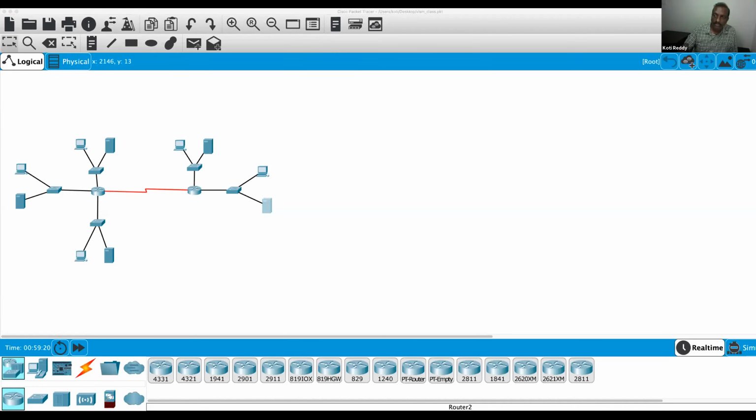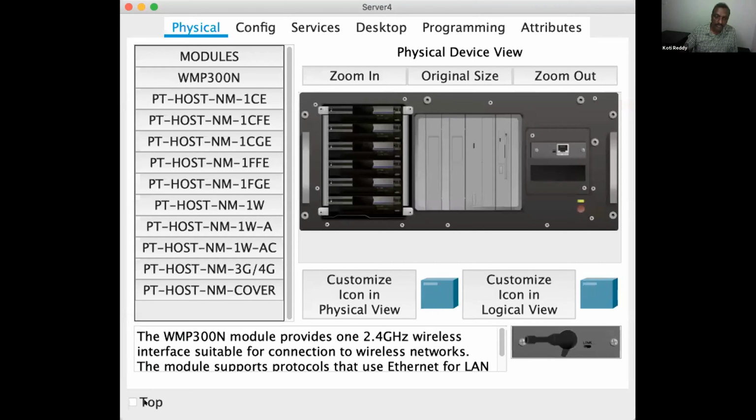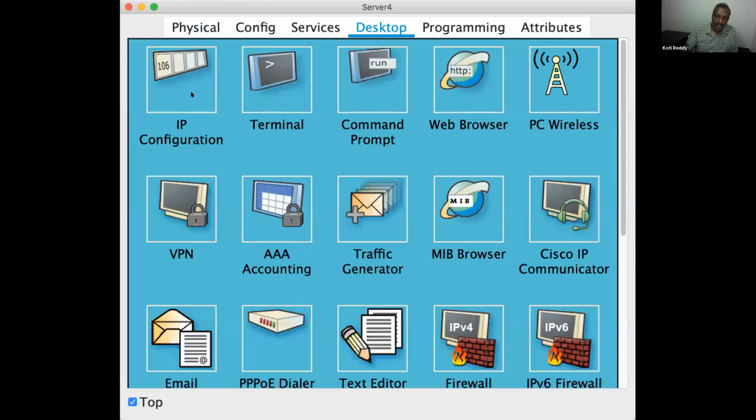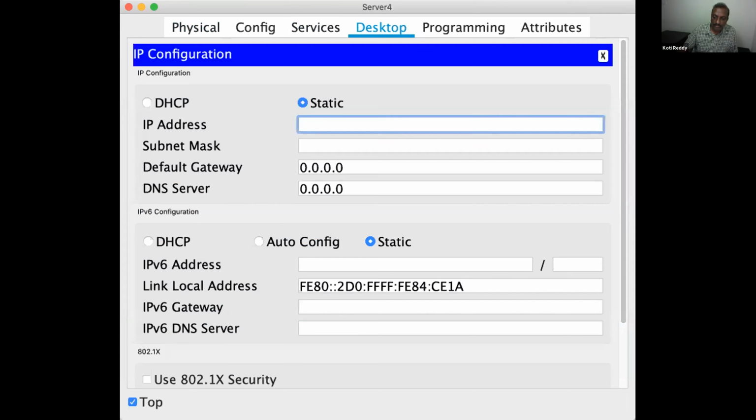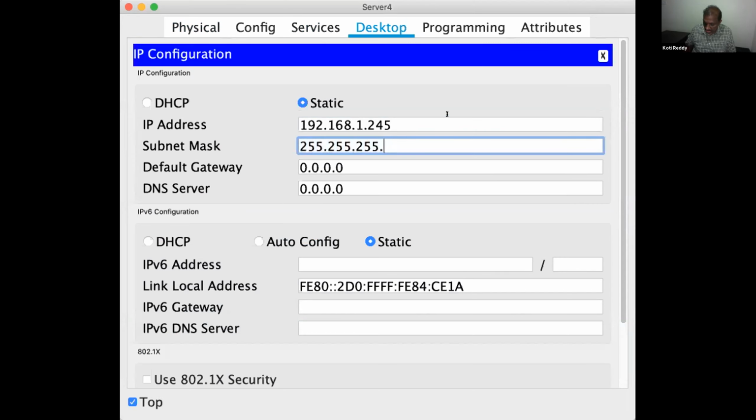Now I try to go to the host server now and then see. So what's the address of server now? 192.168.1.245. The mask is /248.